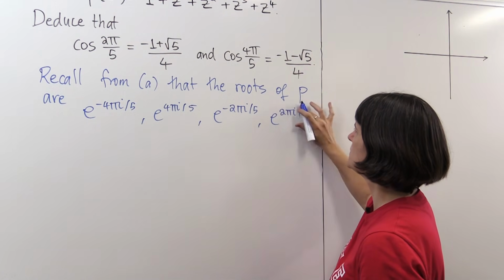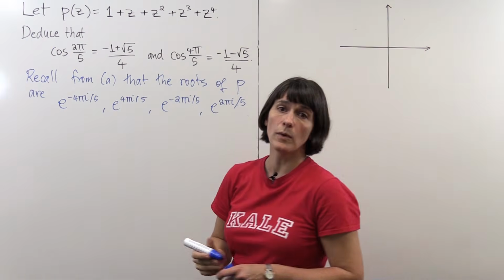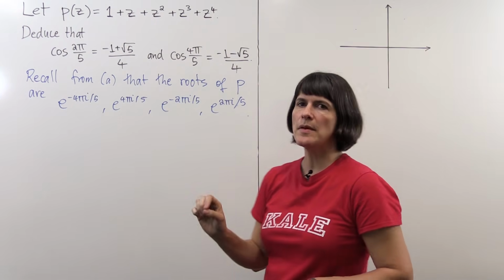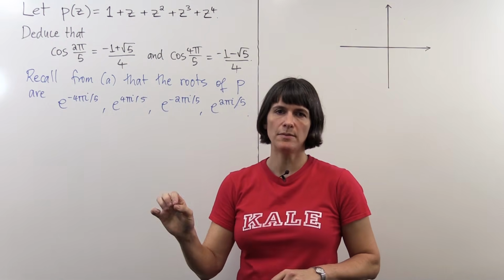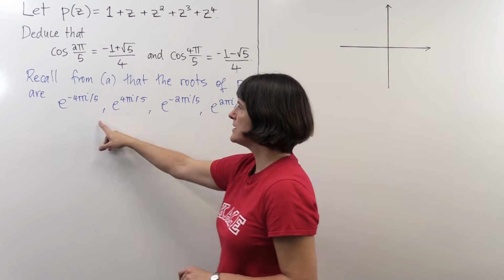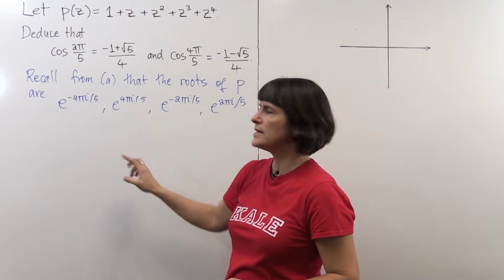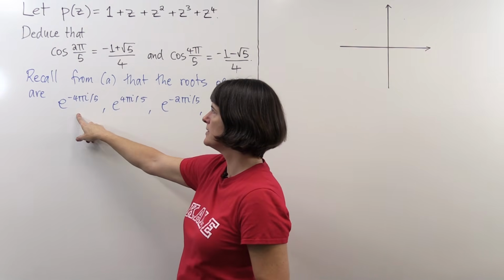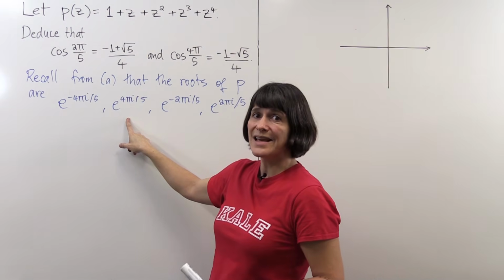All the fifth roots of unity that are not equal to 1. And we've got them in complex conjugate pairs. Now remember that substitution, x equals z plus 1 on z. When you take z to be any of these, 1 on z is just going to be its complex conjugate. So if I choose z to be either this one or this one, what's x going to equal?